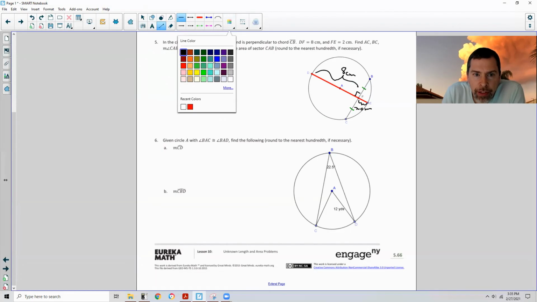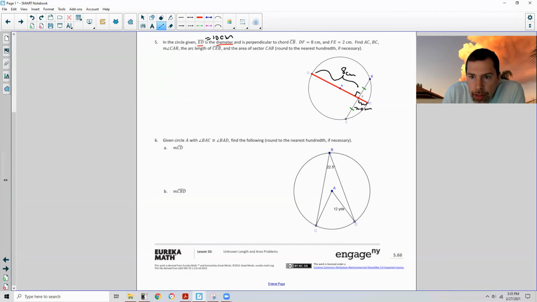I'm going to mark everything I know. AB is a radius. AC is a radius. Since DF is 8 and FE is 2, 8 plus 2 is 10. Therefore, the radius is 5. So AC is 5. AB is 5.